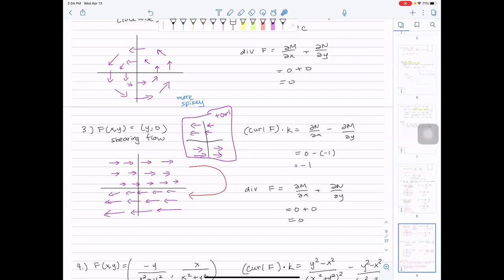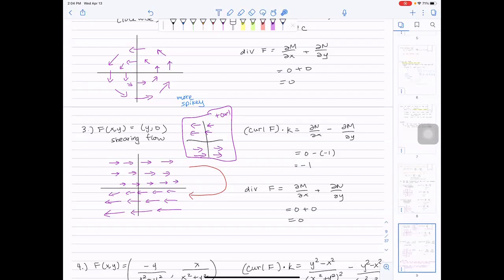But is circulation telling you how much you're spinning, or how tight it is, or what?